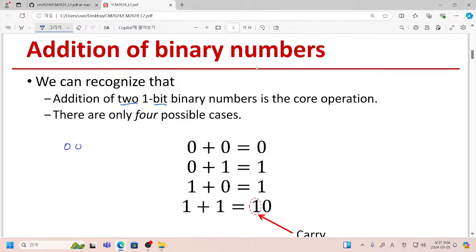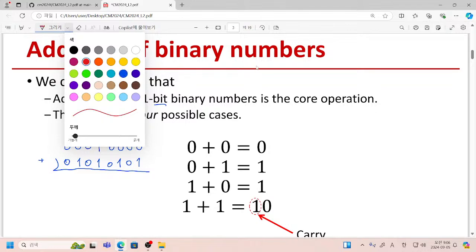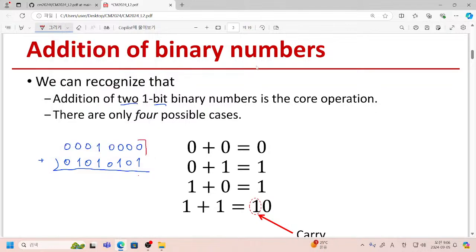For example, when we have 1 0 0 0 0, and another one like 0 1 1 0 1 0, let's say that these are 8-bit binary numbers. When we try to make the sum of these two multi-bit binary numbers, what we have to do is relatively simple. Just consider the sum of these two bits, and it will give us a certain number.